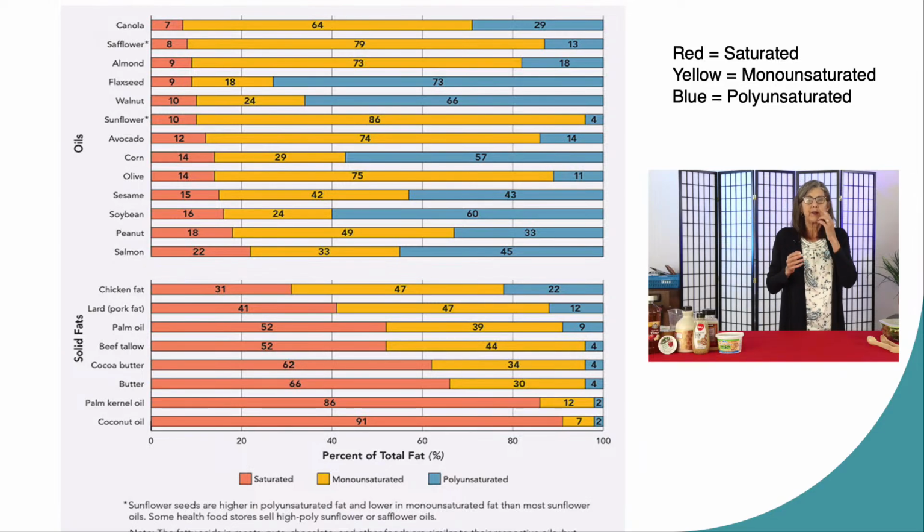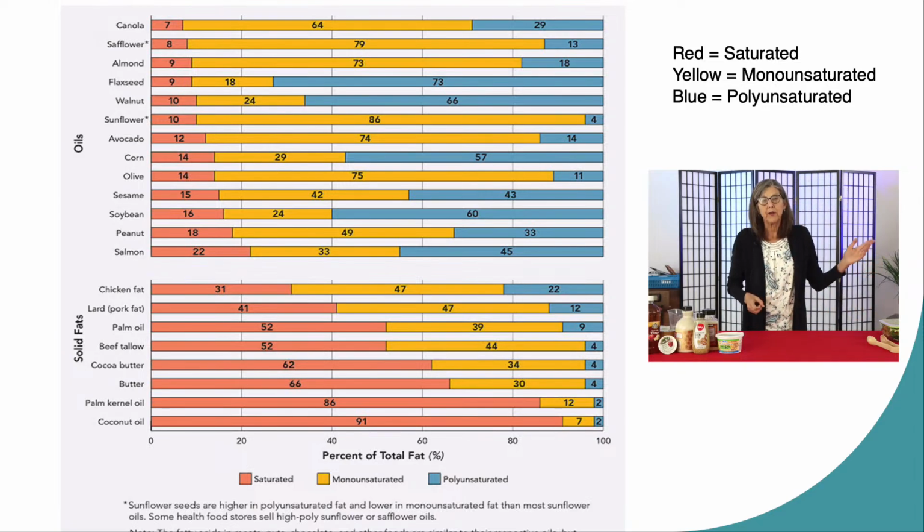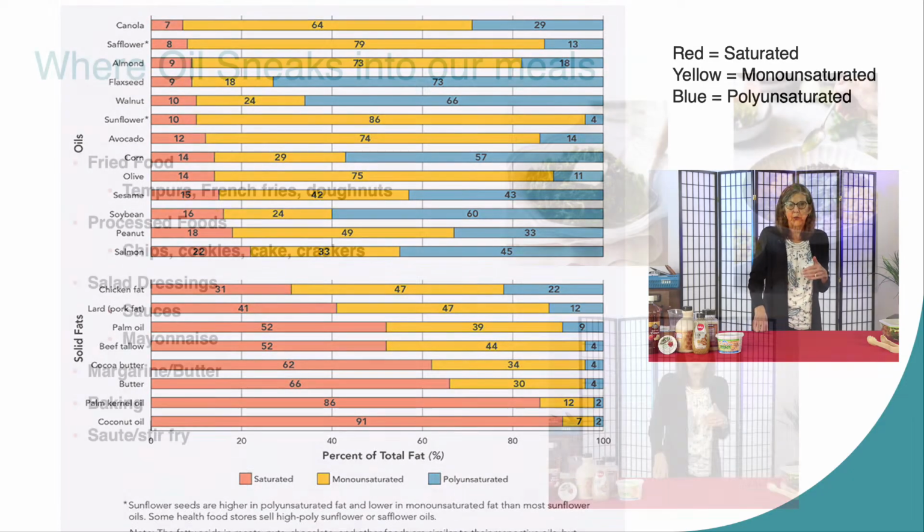I show you this because I don't want you to think, oh, I eat zero saturated fat. You might, but if you're using any sort of olive oil, you're still getting a portion of that. And remember what saturated fat does: it contributes to a lot of those chronic health conditions, especially heart disease and high cholesterol. All right, so I just wanted to show you that really quick.